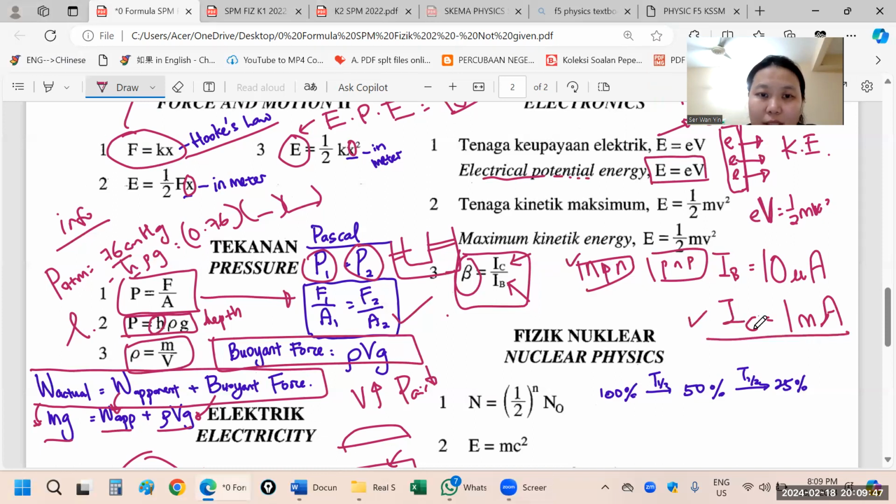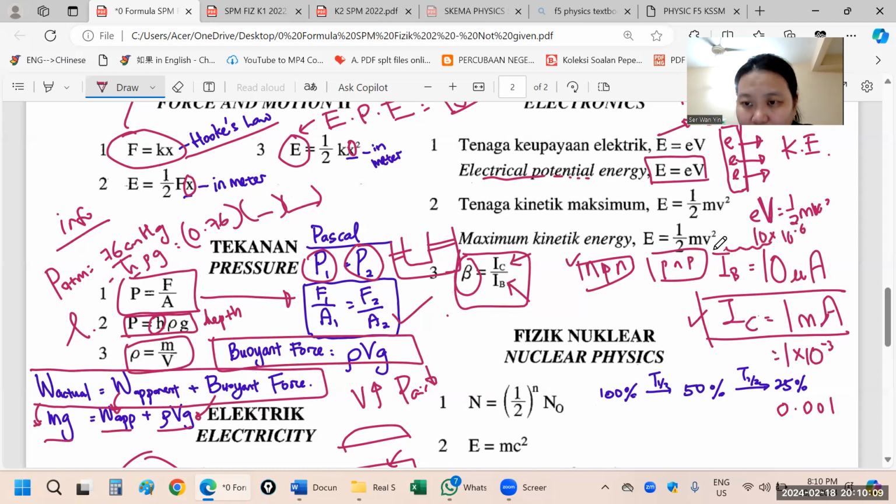C got bigger current. Yeah, correct. C for bigger current because m means what? m means 1 times 10 to the power of negative 3, means 0.001. Micro is what? Micro is 1 times 10 to the power of negative 6, means 0.000001.